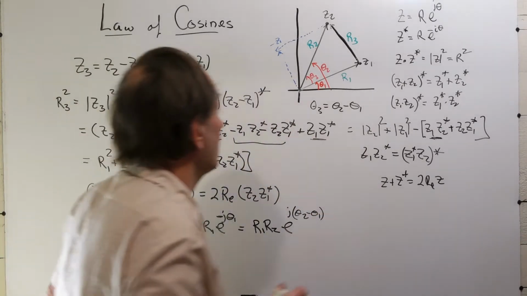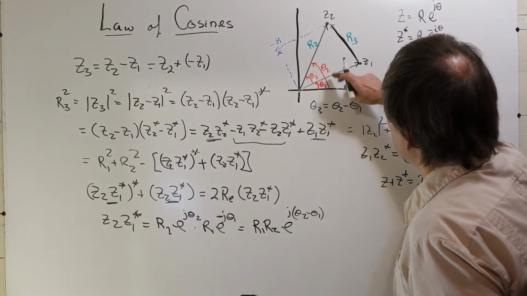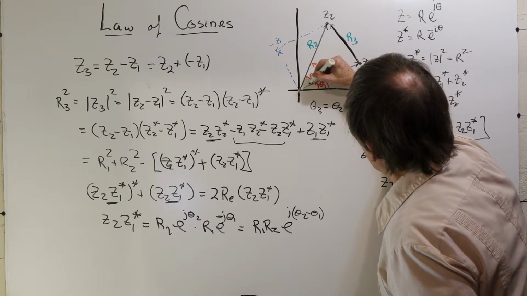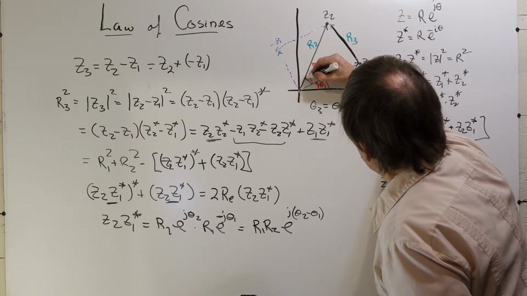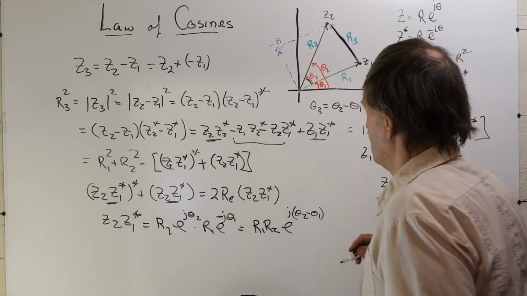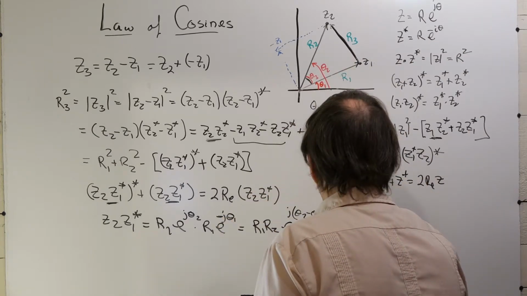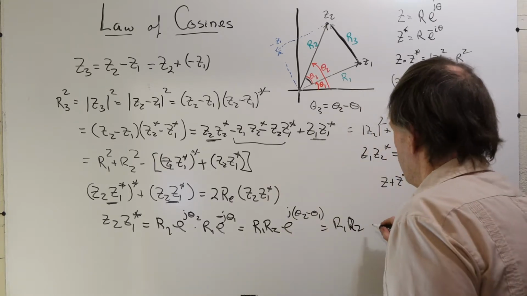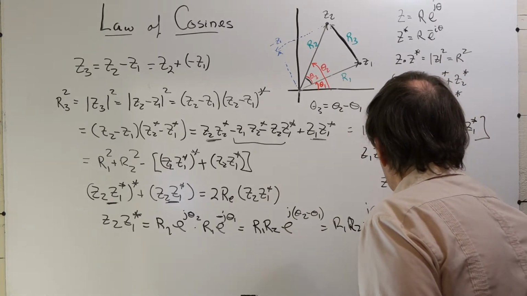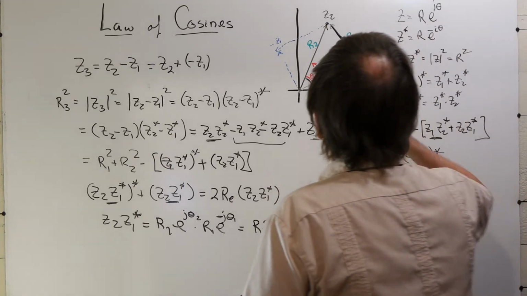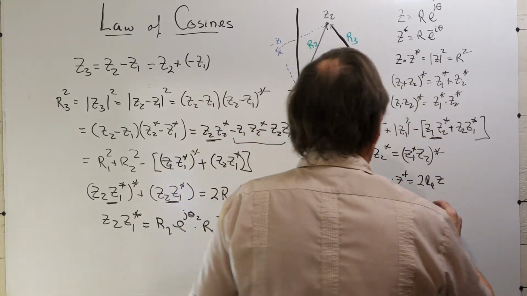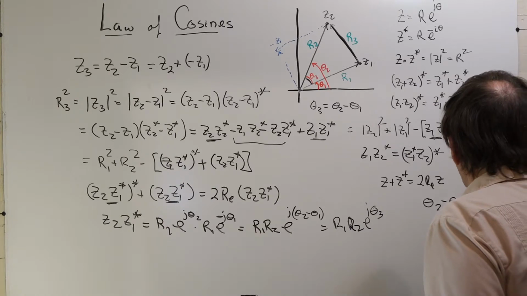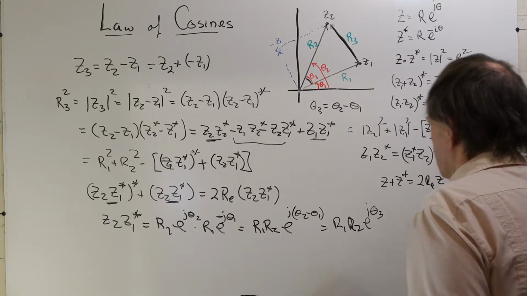Now from our diagram, we see that theta 2 minus theta 1 is this interior angle, which I'm calling theta 3. So we can write this as R1, R2, e to the I theta 3. We have that theta 2 minus theta 1 equals theta 3.